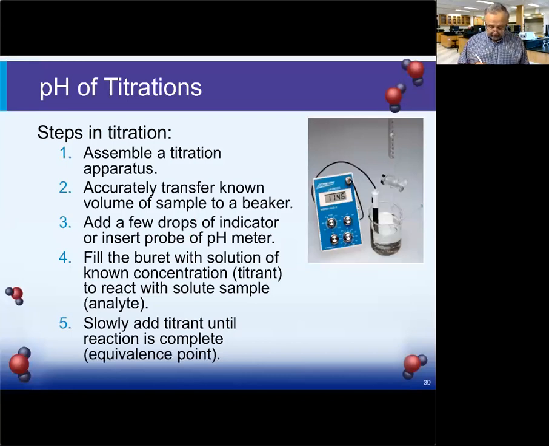let's say if this is an acid, here's an acid, and therefore this one will have to be the base. If we look at this in general, we can say that this is the titrant.